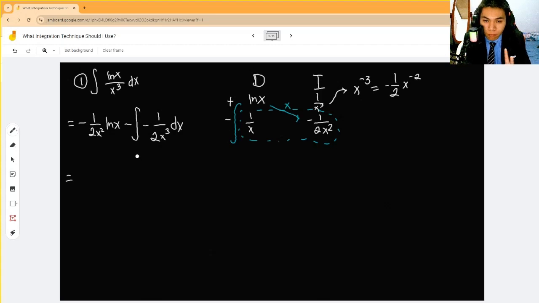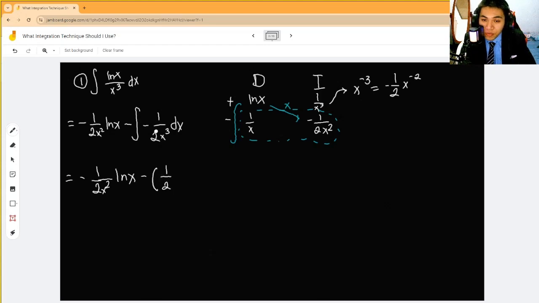Now what we can do actually is copy the first part of the answer, 1/2 x squared ln x minus, we can take out the constant 1/2 from that. 1/2, right?